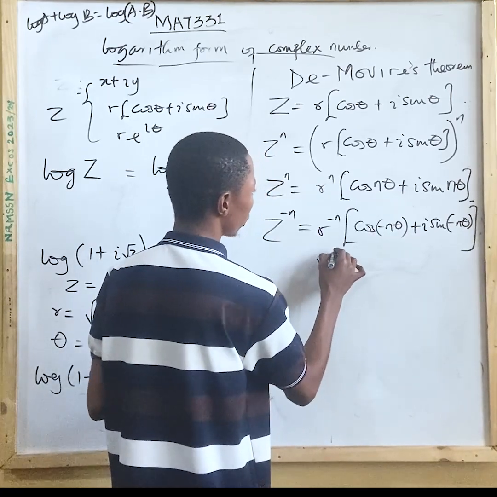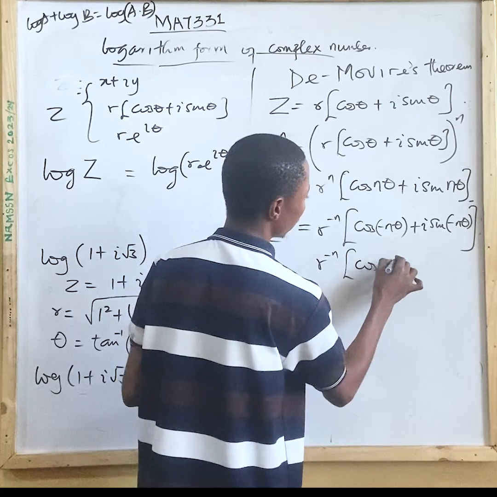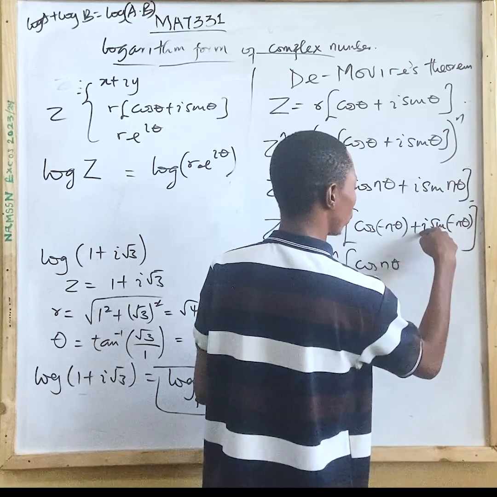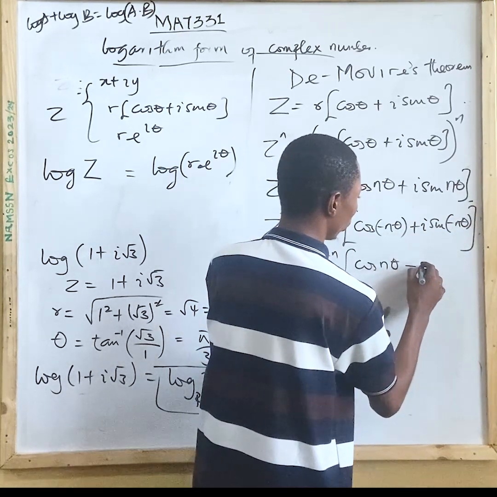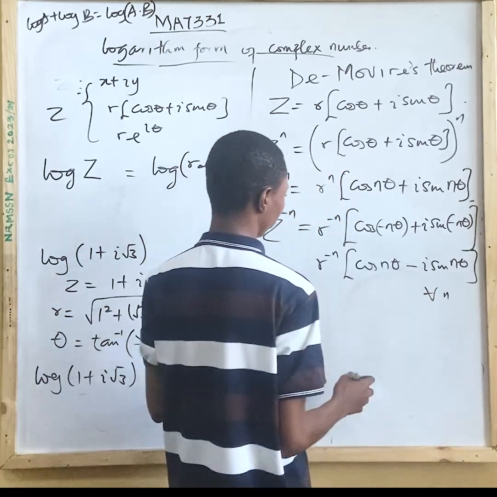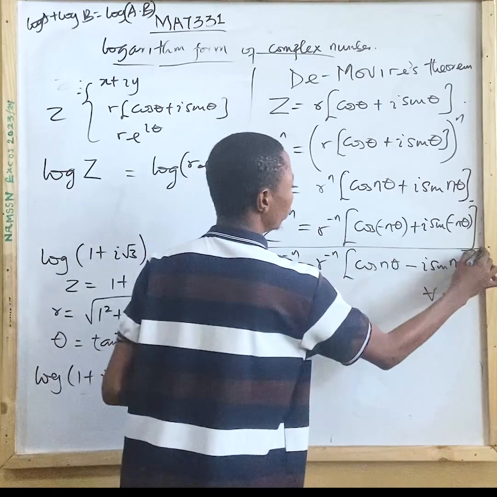So z raised to power minus n will be r raised to power minus n, and cos of minus n theta will still give us cos n theta. That minus will not have any effect. But for sine of minus n theta, that minus will come to the front of the sine. So it turns to minus i sine n theta, for all n. So this is De Moivre's theorem.